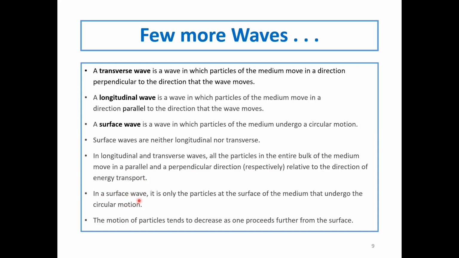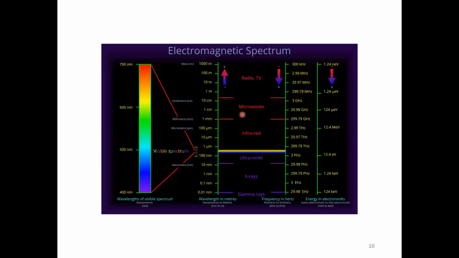In a surface wave, it is only the particles at the surface of the medium that undergo the circular motion. The motion of particles tends to decrease as one proceeds further from the surface. So these are the few waves. You just read it out, then you will see some basics.